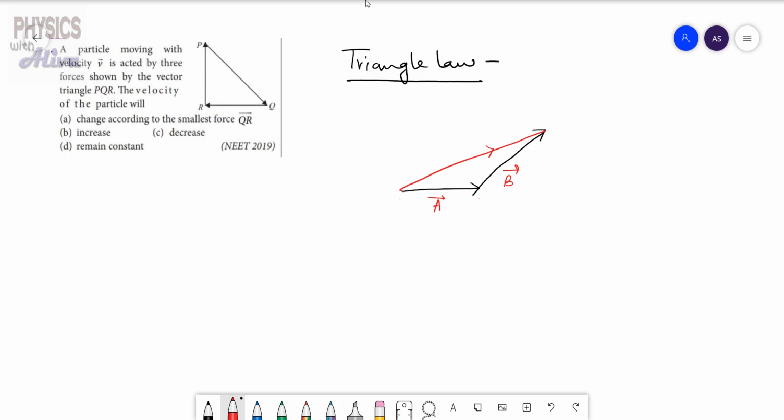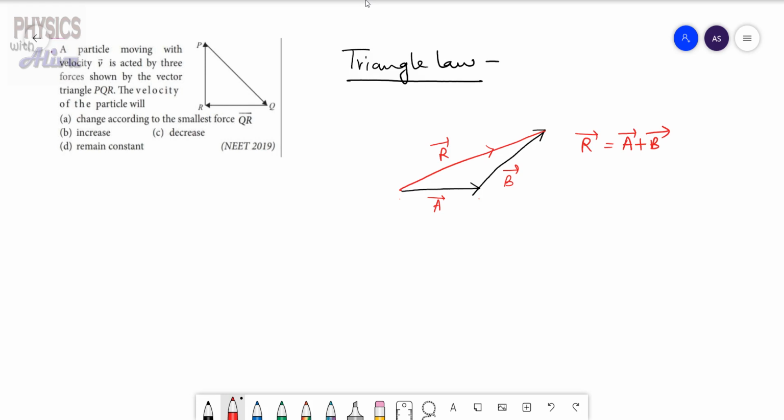And the third side of the triangle represents the resultant vector of these other two, and this resultant vector is taken in opposite order. From this diagram we can write that R vector equals A plus B. When we take two vectors as two sides of a triangle taken in order, then the third side of the triangle taken in opposite order represents the resultant vector.